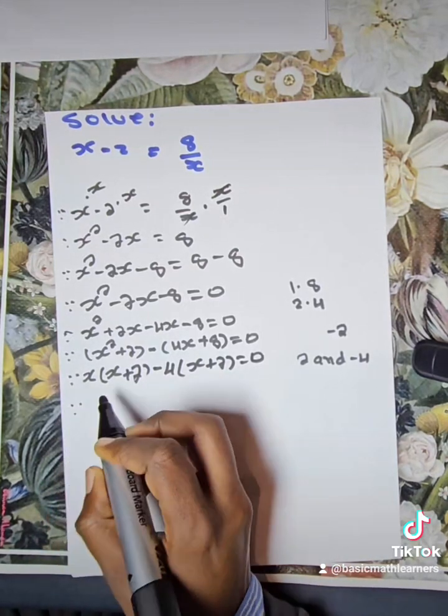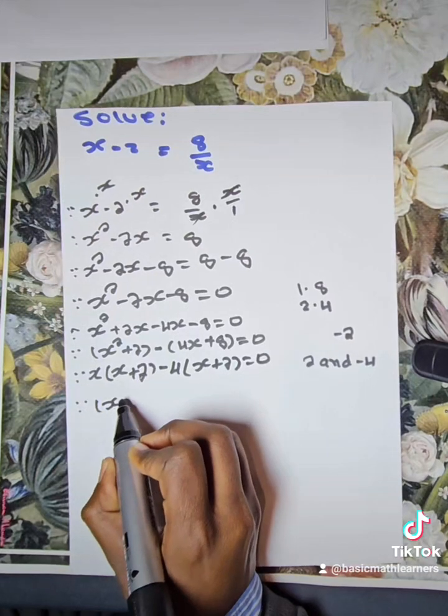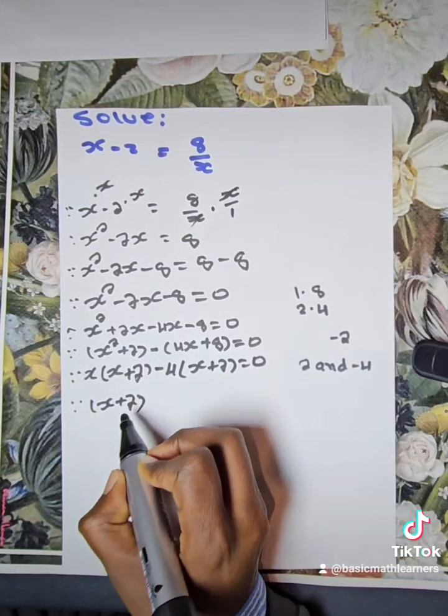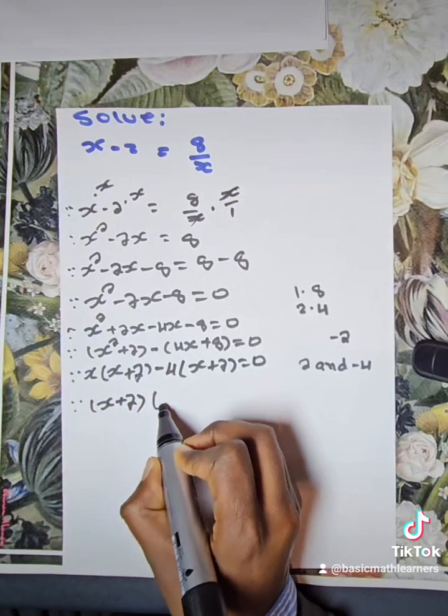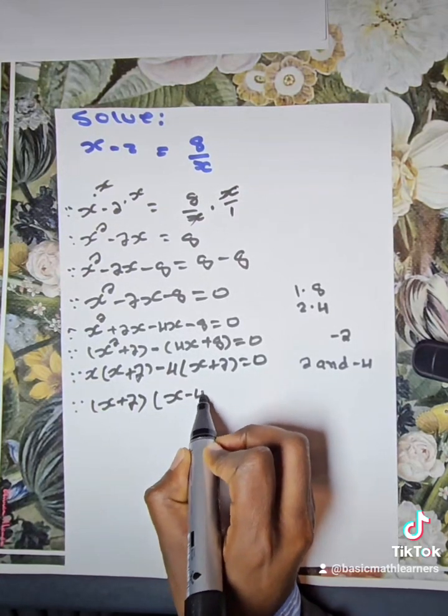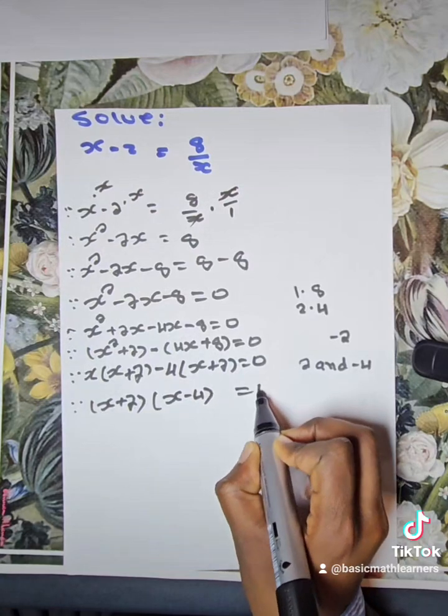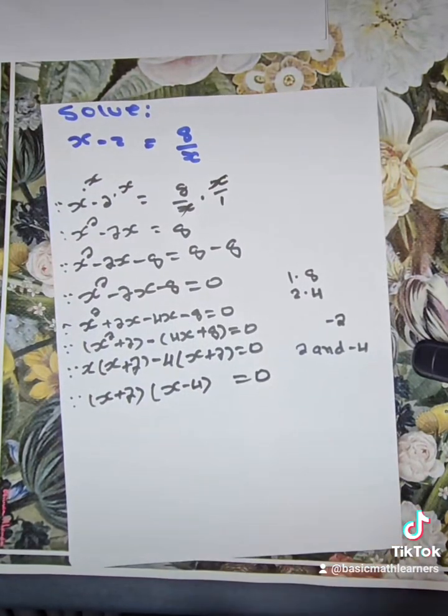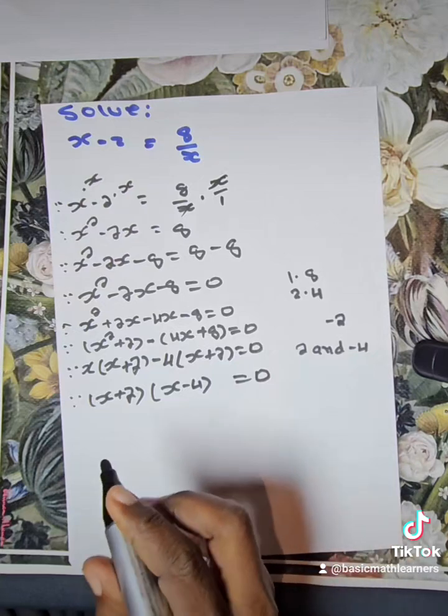Now we have identical brackets, therefore take out x plus 2 as a common factor, and then x minus 4, all equal to 0. Now you factorized, and you have it in factor form, all equal to 0.